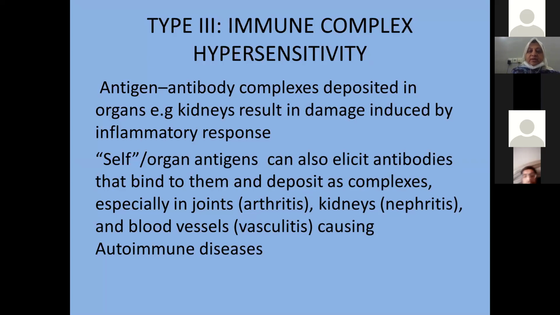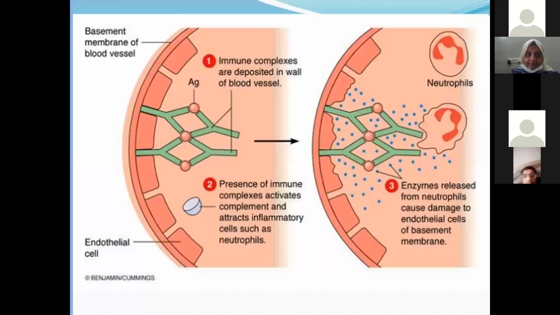They are formed and get deposited, especially in the joints, where they cause arthritis; in the kidneys, nephritis; and in blood vessels, vasculitis. Arthritis, nephritis, and vasculitis are all terms used for inflammation of these organs. The disease caused by this is known as autoimmune disease.